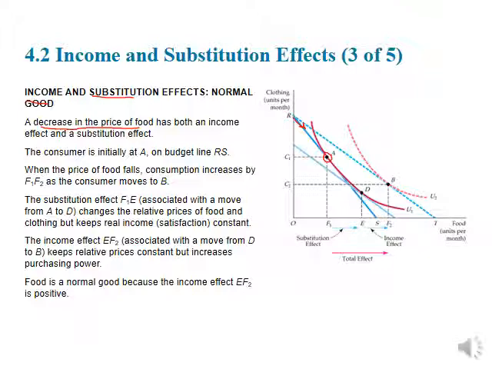When the price of food falls, we're going to be on a new budget line, this dashed budget line, and the consumer is going to pick a new utility maximizing bundle, this point B. But it's important to understand how they get from A to B.